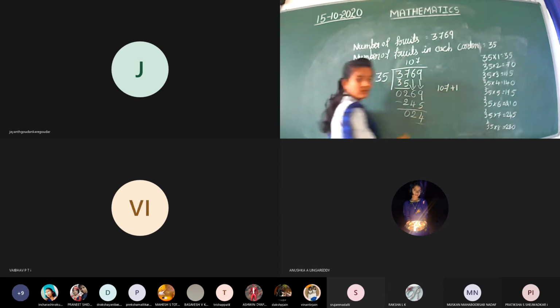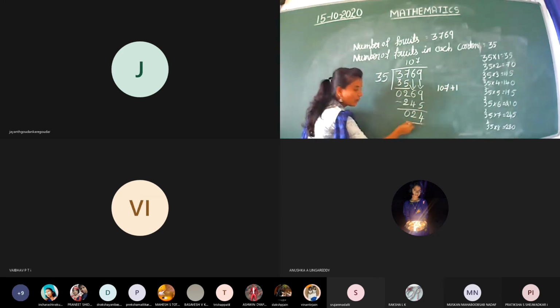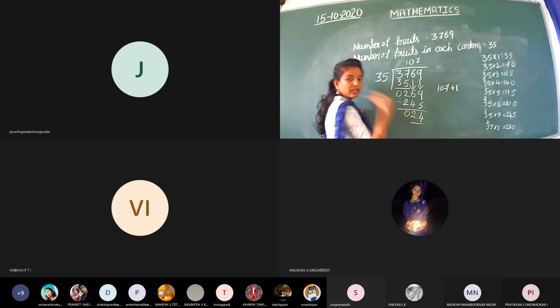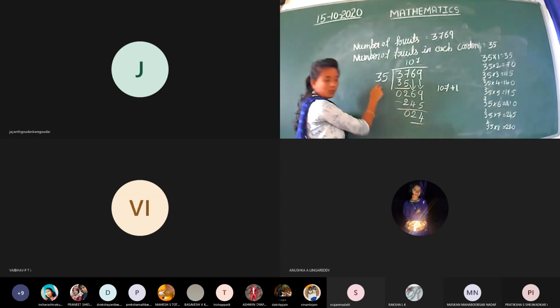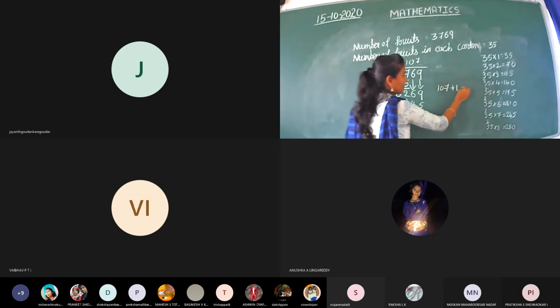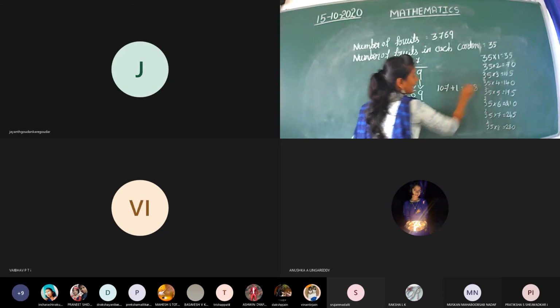Only one box, because 24 fruits are left. The box will contain 35, but we have here 24. We can fill the remaining 24 fruits in the 35-capacity box. So 107 plus 1 is equal to 108.